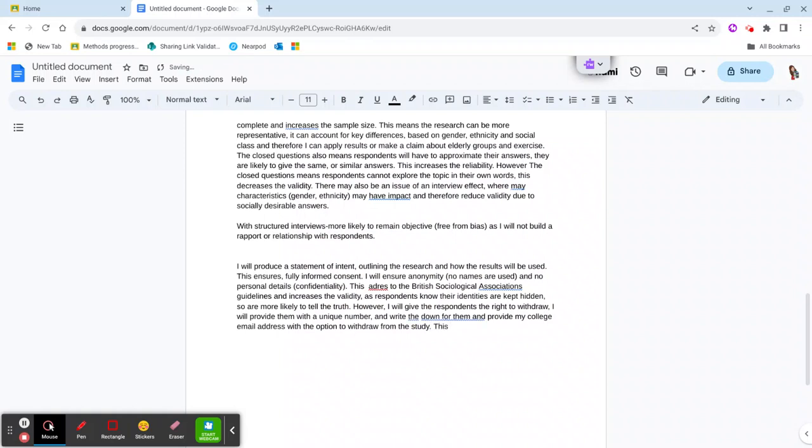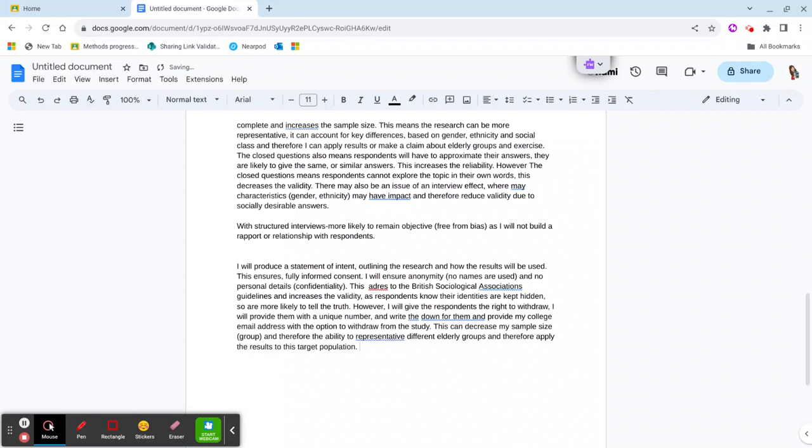This can decrease my sample size, my group, and therefore the ability to generalize, or the ability to represent different elderly groups, and therefore apply the results to this target population.